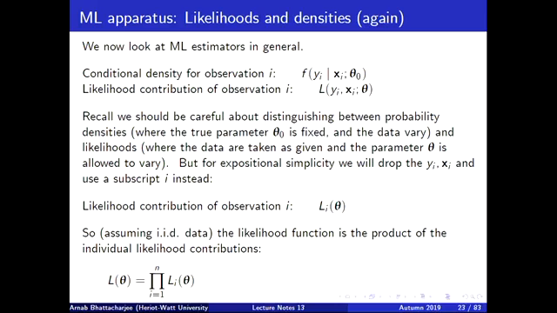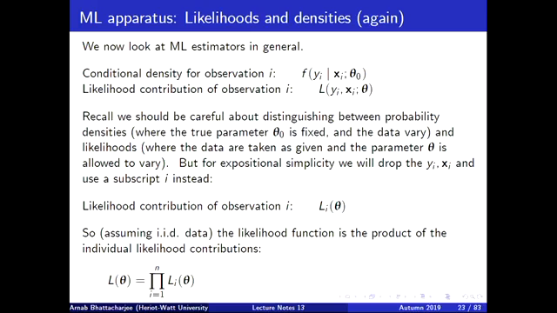So now the general case. Conditional density for observation i is the probability of yi given xi and theta. I've written this in this particular way to emphasize the fact that xi is fixed by design potentially, right? Okay, but it may not be, right?